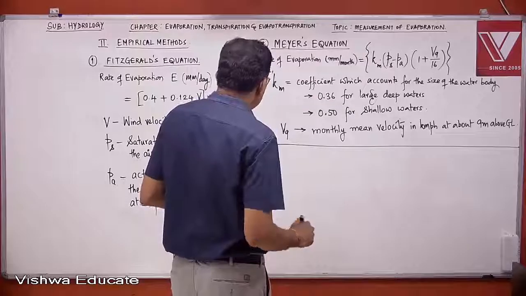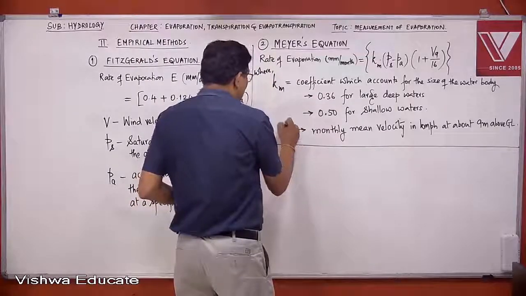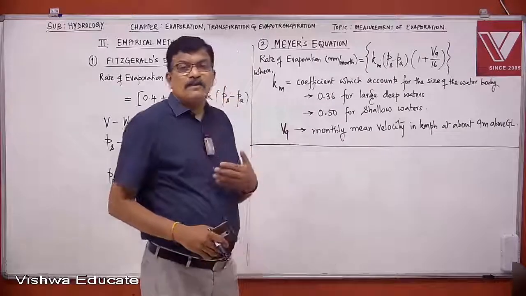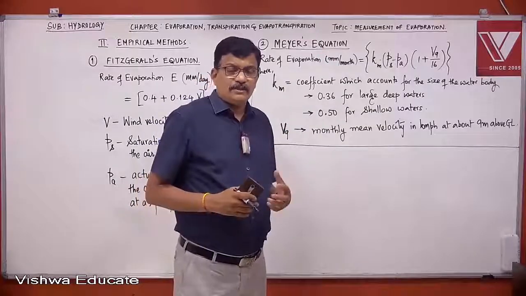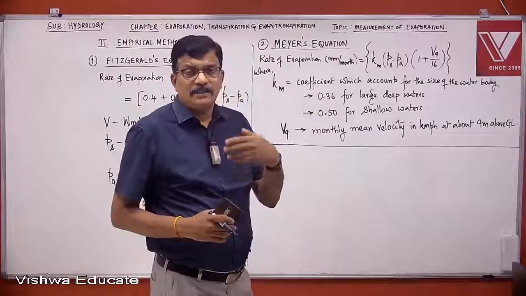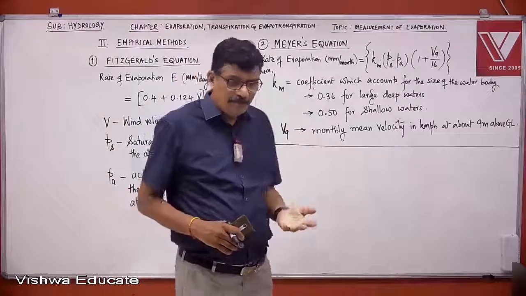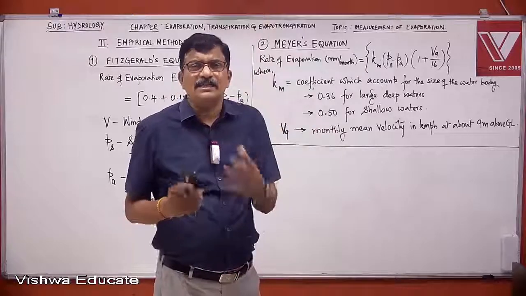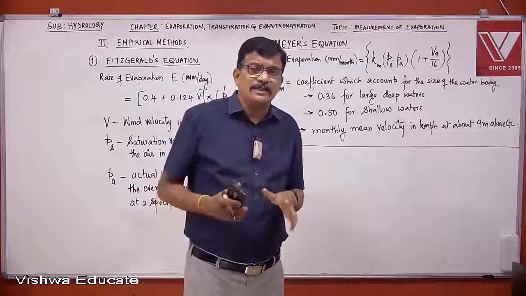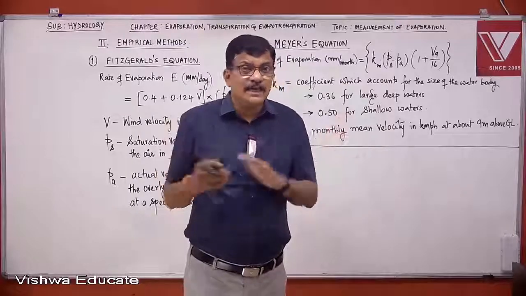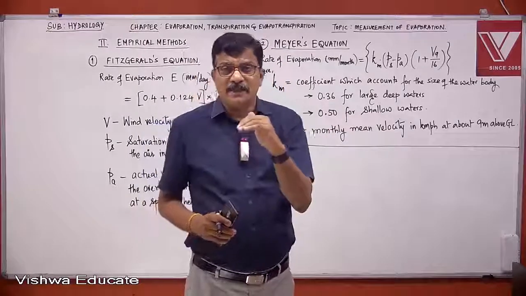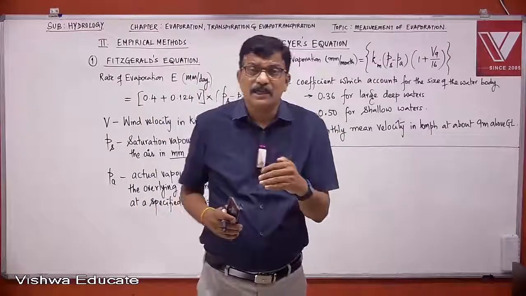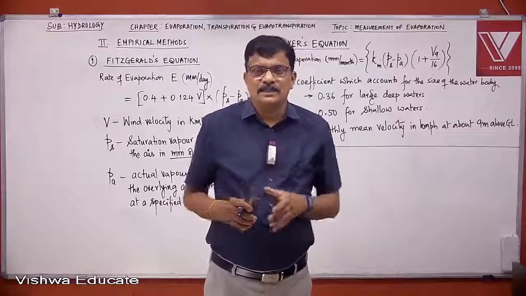Now, sometimes it is not really easy to measure the wind velocity at 9 meters. We can measure the wind velocity at any height, at any altitude, say 2 meters or 3 meters, and this velocity can be converted into an equivalent velocity of the wind at 9 meters.